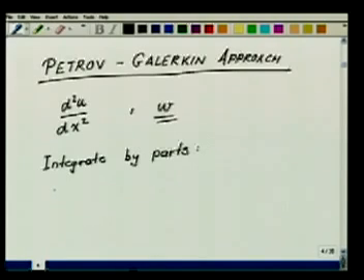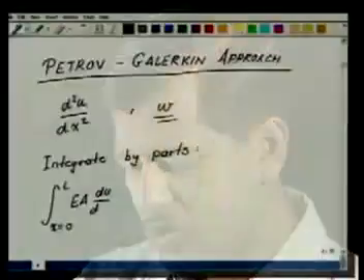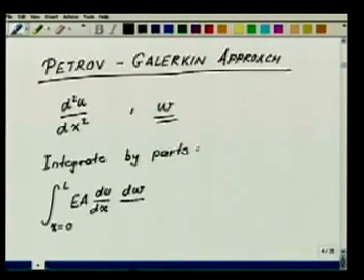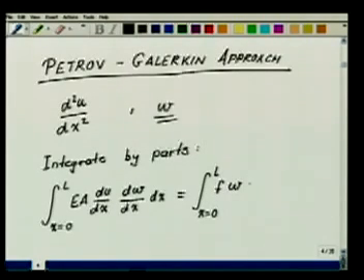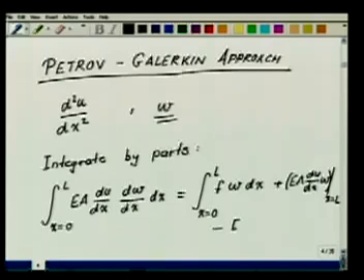If you integrate by parts once, you will end up getting the integral from x equal to 0 to L of EA du/dx dw/dx is equal to the integral 0 to L of f w dx, plus EA du/dx times w evaluated at x equal to L, minus EA du/dx times w evaluated at x equal to 0.